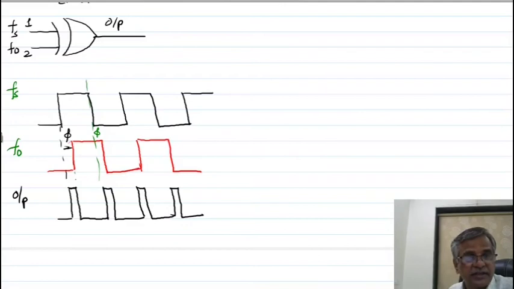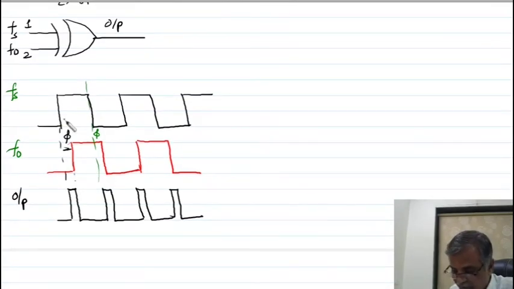The exclusive OR gate can be used as a digital phase detector when both inputs are square waves, and here Fs is equal to Fo. You can say Fs is leading by phase phi compared to Fo.